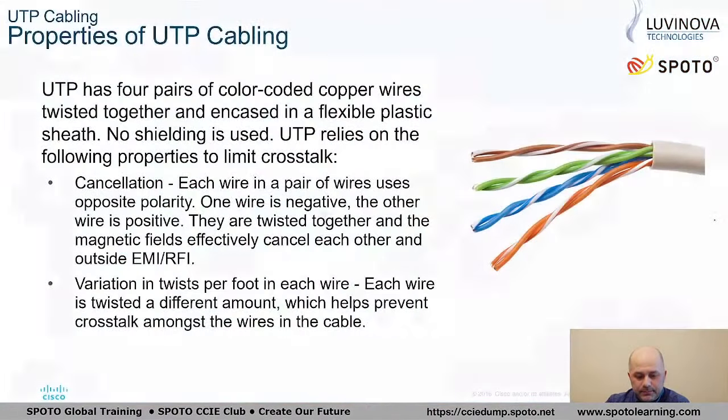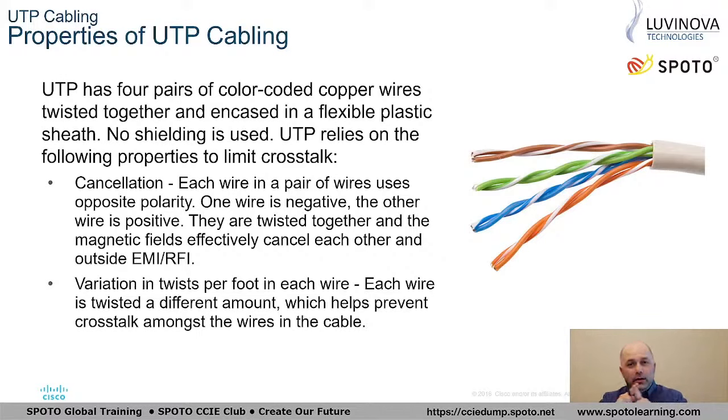UTP cable. UTP cabling has 4 pairs, and each pair has a color, right? So the colors are orange, white orange, blue, white blue, green, white green, and brown, white brown.